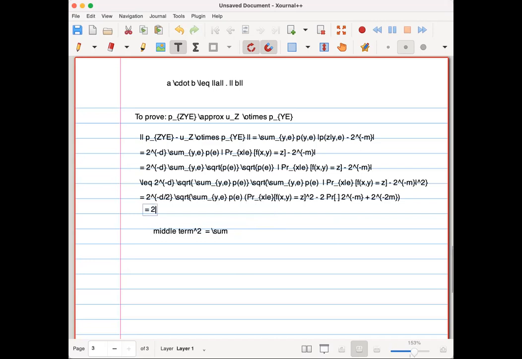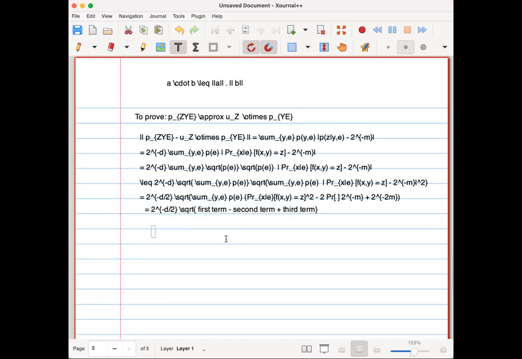Let's do it slowly. So it's 2 to the power minus d by 2, square root. Now let's call it first term plus second term or minus second term plus third term. So these are terms within the square.